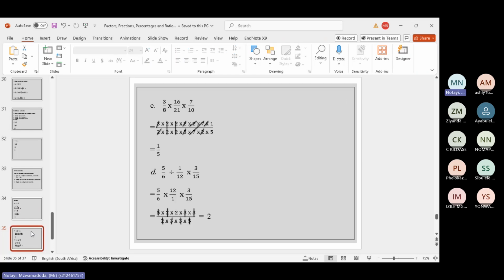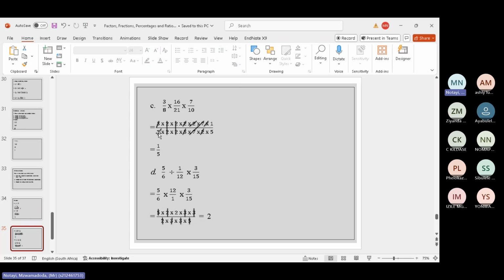The third one, there are 3 fractions that are being multiplied: 3 divided by 8 times 16 over 25 times 7 over 10. So it's 3 multiplied by 16 in prime factors, 2 times 2 times 2 times 2. And 7 in prime factors is 7 times 1.